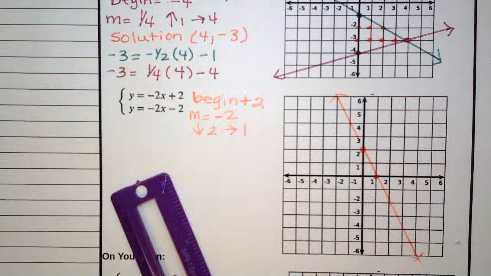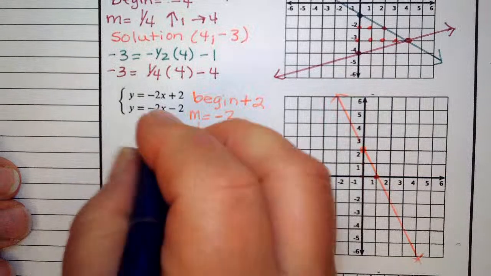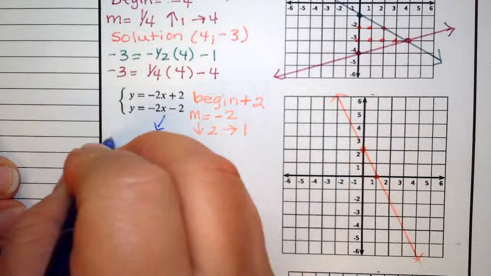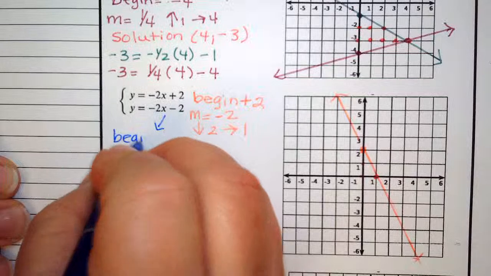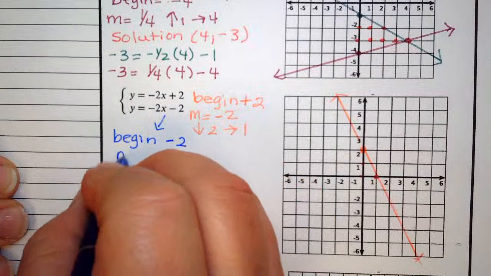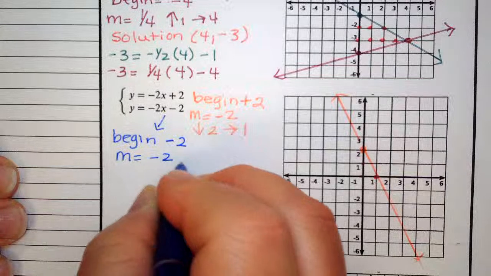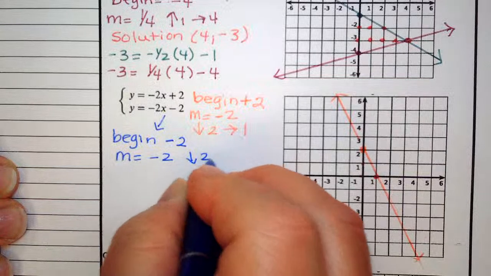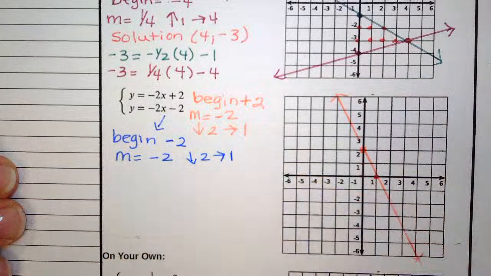Okay, what about the other one? Where do I begin? What do I have at the end? -2. How do I move? -2. So this will be down 2 and right 1.